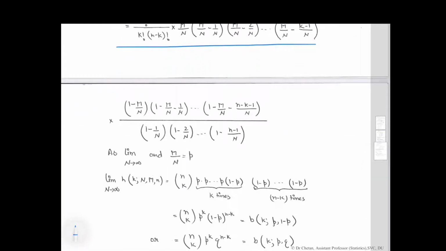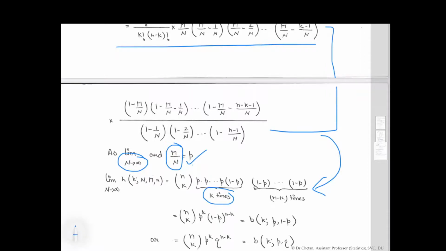Now put capital N tends to infinity and capital M by capital N equal to p. Therefore, this entire term can be written like this. Here the p comes k times and 1 minus p comes small n minus k times.